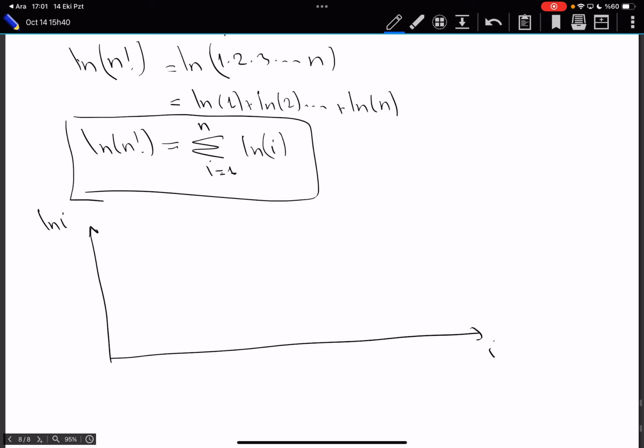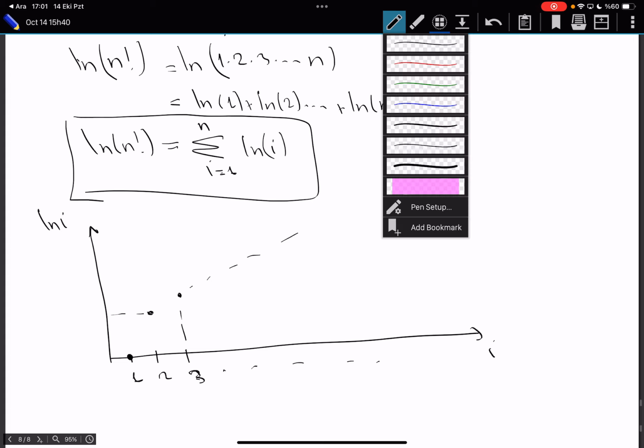Let me plot this function. Well, 1, 2, 3. Logarithm of 1 is 0. Logarithm of 2 is some number over here. Logarithm of 3 is somewhere over here, and so on. Let me use a different color pen.